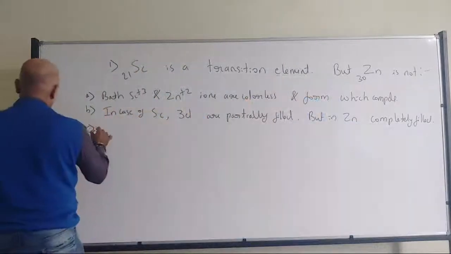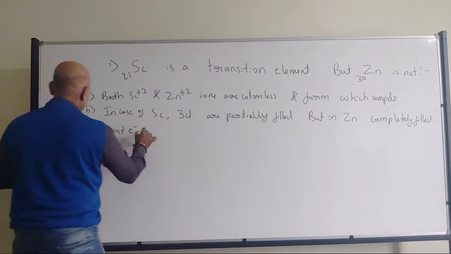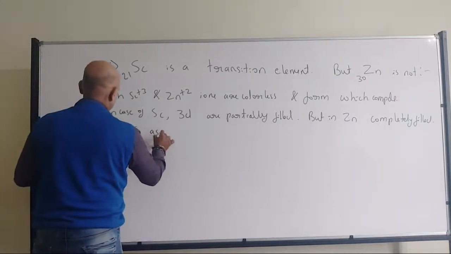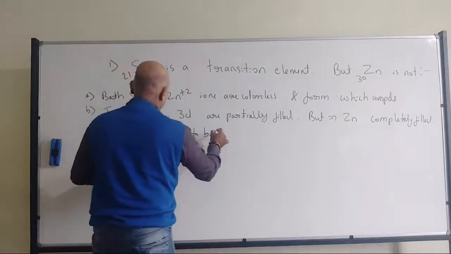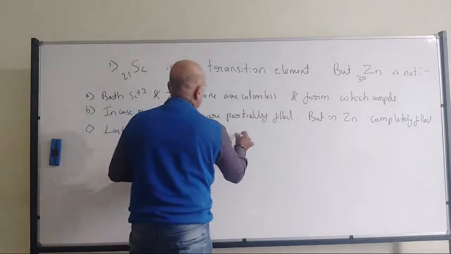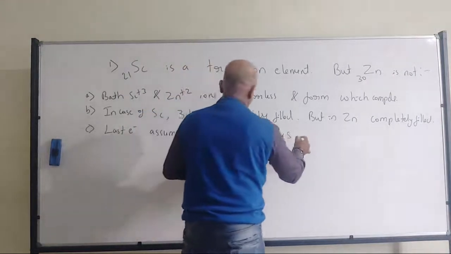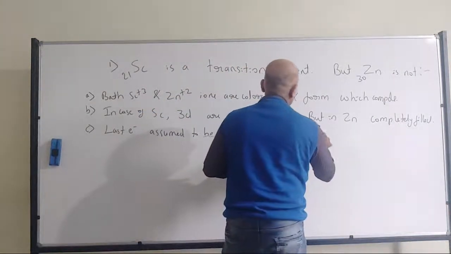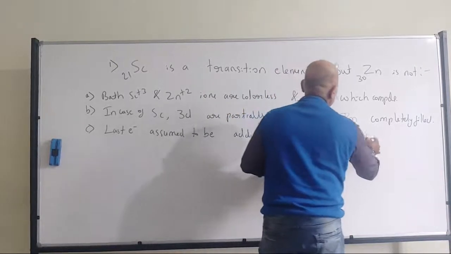Option C, last electron is assumed to be added to the 4s level in case of zinc.